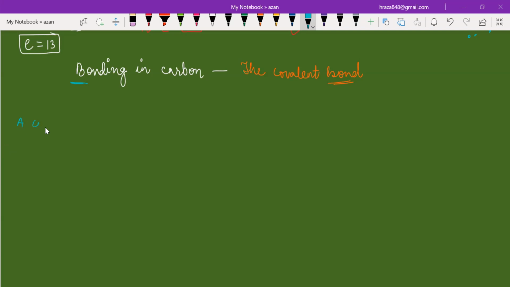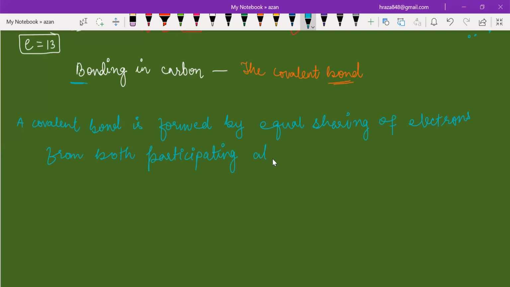Write with me: a covalent bond is formed by equal sharing of electrons from both participating atoms.